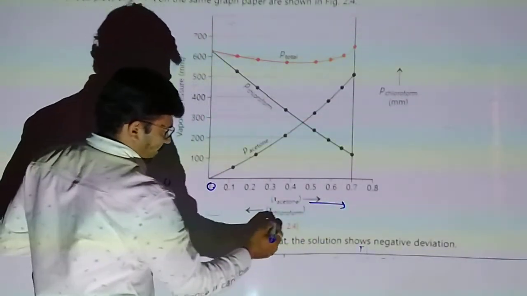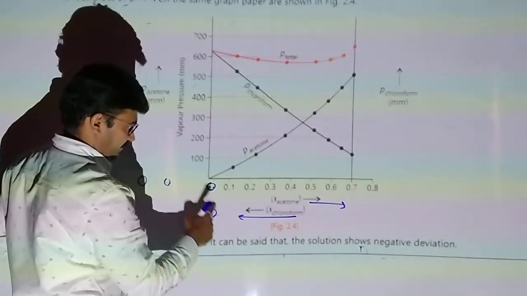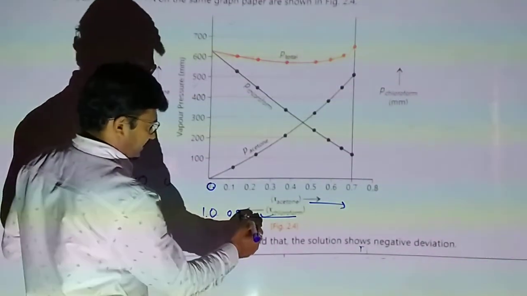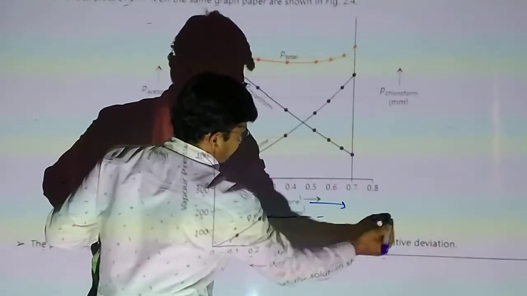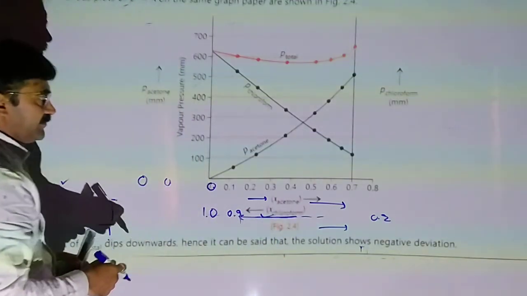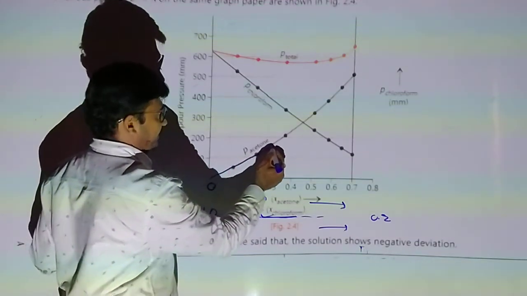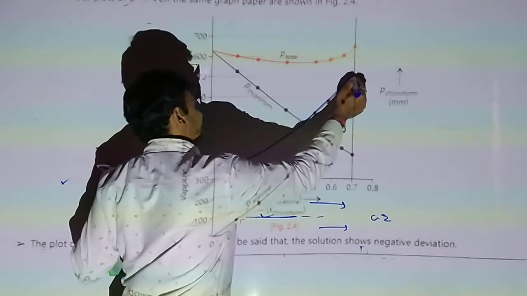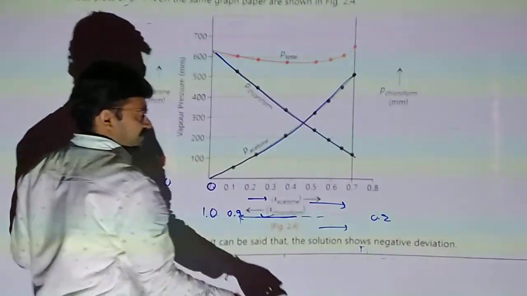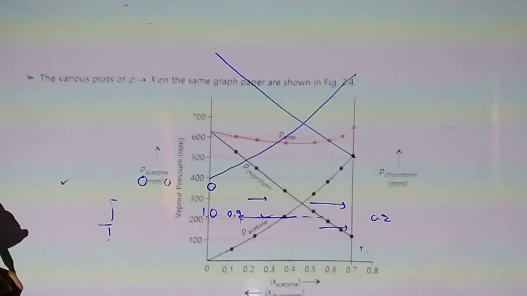The mole fractions of the two total 1, so if acetone is 0.1, chloroform is 0.9, and if acetone is 0.8, chloroform becomes 0.2. So as the mole fraction of acetone increases, that of chloroform decreases. For acetone, as the mole fraction increases, the vapor pressure increases. For chloroform, the mole fraction decreases, so the pressure decreases.